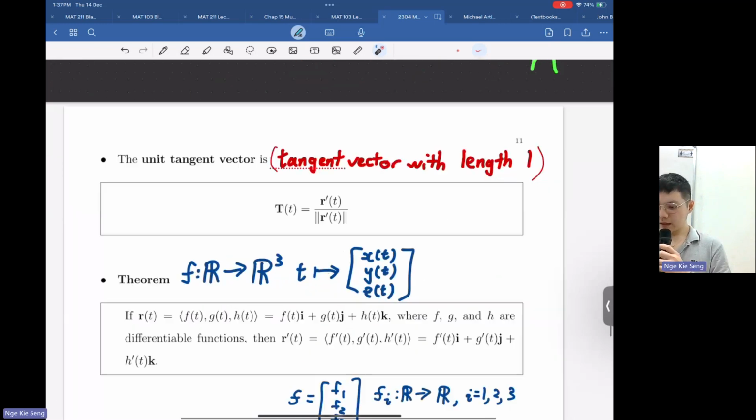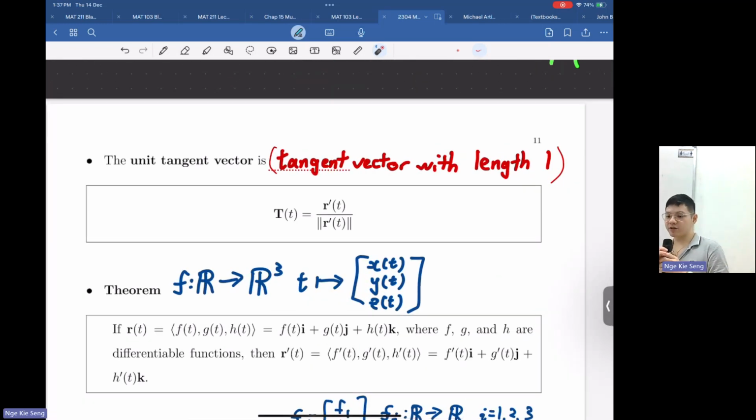Okay, next. Usually we do computation with the unit tangent vector. This is very important when we go to vector calculus, because one of the integration factors will be the unit tangent vector. So after you find the tangent vector, you need to divide by its length. We don't want the tangent vector's length to affect our double integral.